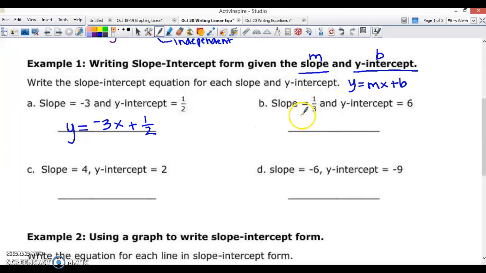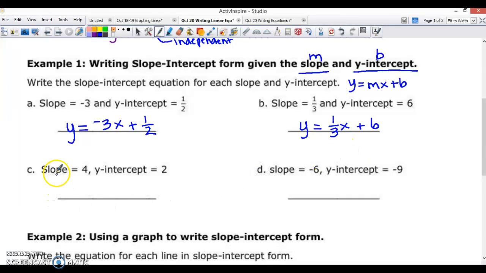All right, let's do the next one. Our slope is 1/3 and our y-intercept is 6. So we write y equals 1/3x plus 6, because our 6 is positive.